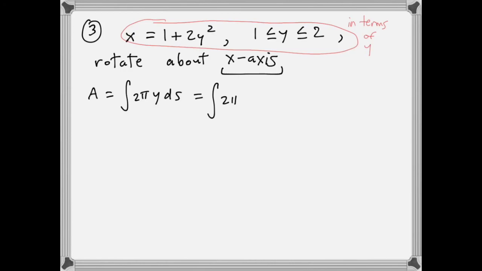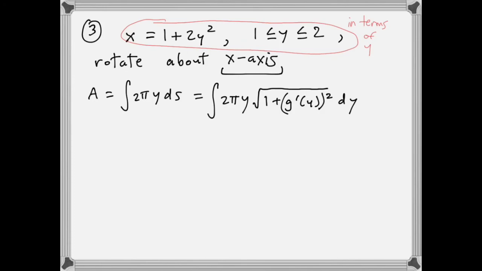So I'm going to leave the y alone because it's already a y, and then this is going to become the square root of 1 plus g prime of y squared dy.